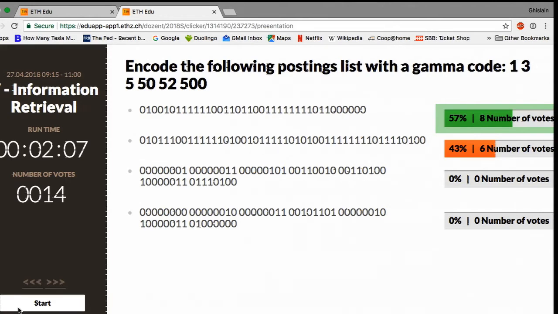Once you encode the gaps, you use the gamma code. So the gamma codes are the first two in there, and these are variable byte encodings. You remember? The 0 is in order to tell you it's the last flag. So this is a variable byte encoding right here of the sequence. Just pretend here that the difference between 3 and 5 is 3, which I don't know what went over my mind when I did that, but anyway.